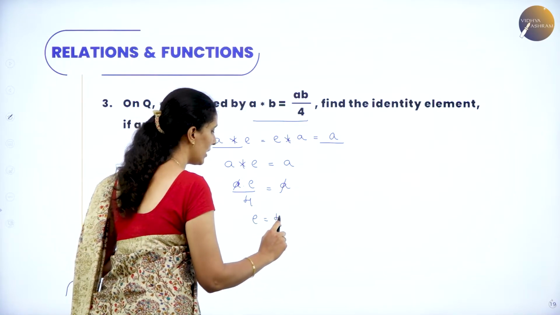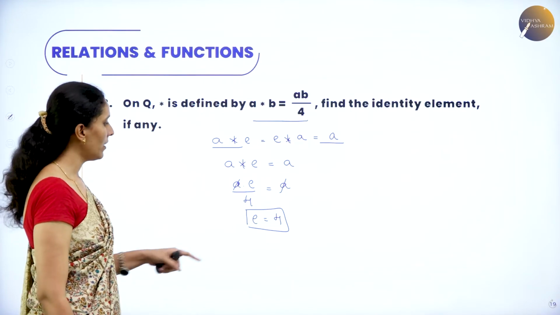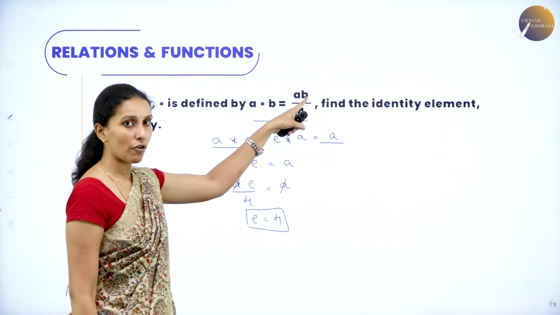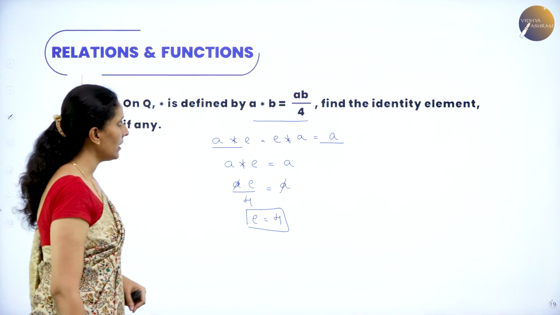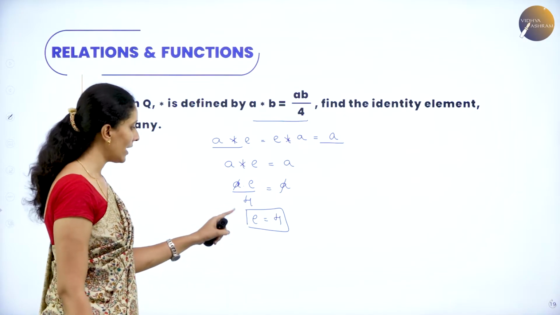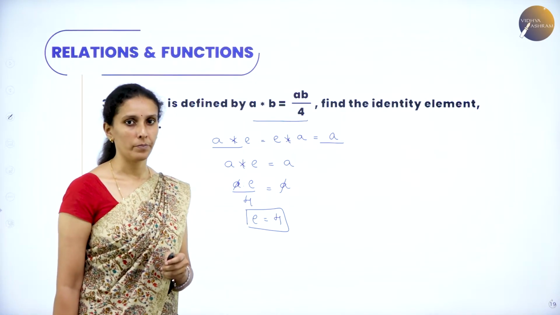So, we are getting E is equal to 4. Thus, there exists an identity element which is equal to 4. So if you substitute here 4 in the place of B, we are getting the value as A itself. So therefore, E is the identity element that is equal to 4.